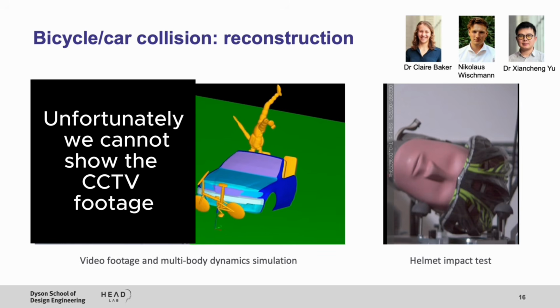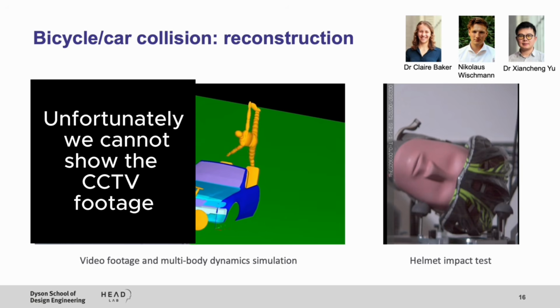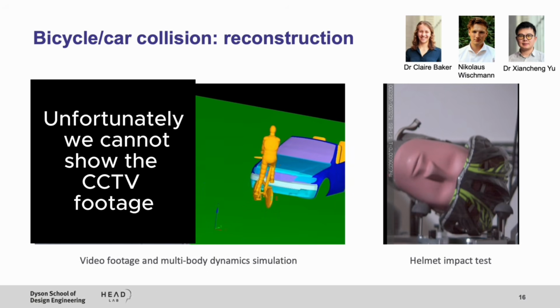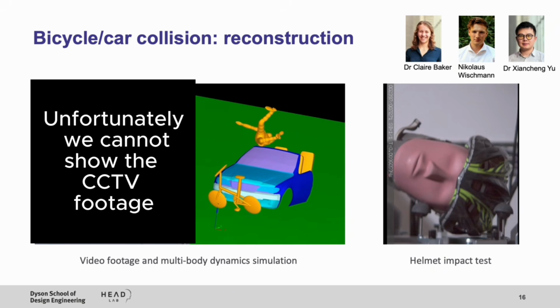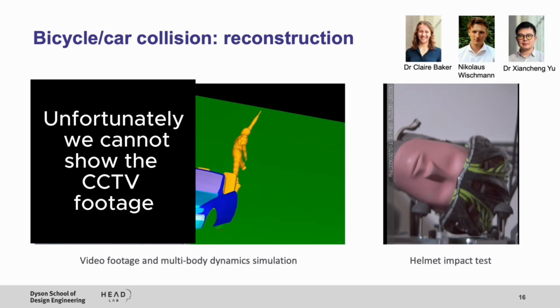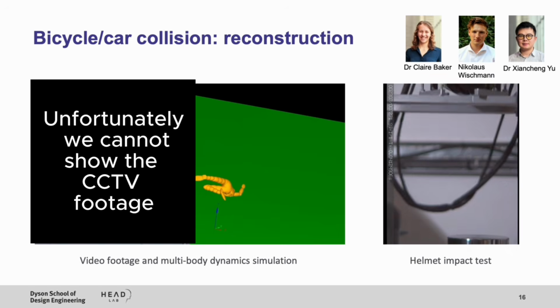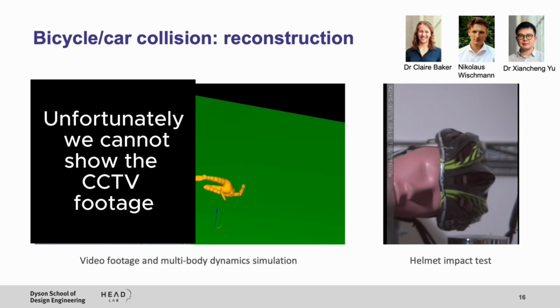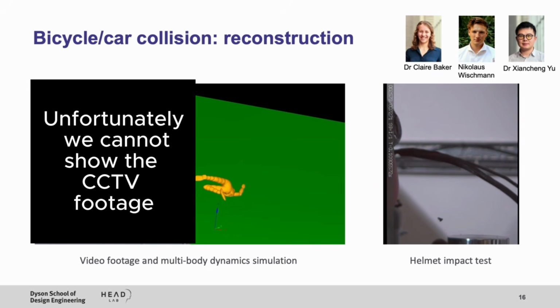We use the so-called multi-body dynamics technique, as you can see here, to model the bicycle, the car, the cyclist, and from this we predicted the head ground impact speed and angle, and then we use that information to set up our experiments in the lab using the same helmet. This is a surrogate helmet, but of the same type that the victim was wearing during the collision. And then by doing this experiment, we can measure head linear and rotational accelerations, which then is used to run the brain model.